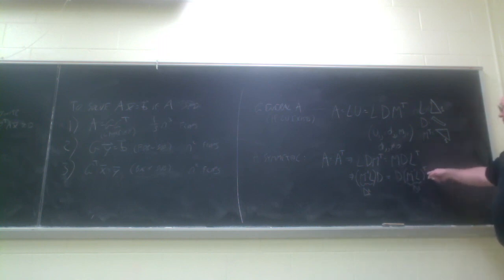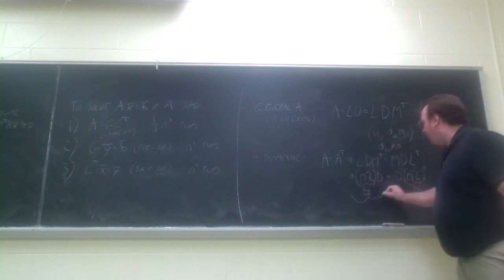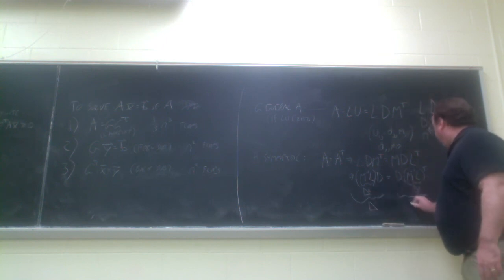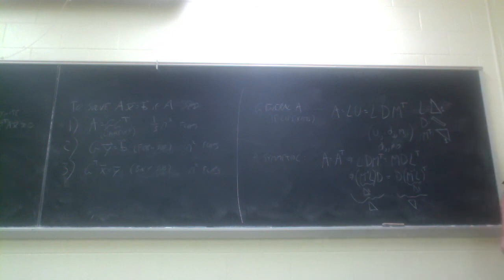But now I'm transposing this, so this whole side is lower triangular and this whole side is upper triangular. So what's true of both sides? It's gotta be diagonal. If both sides are diagonal, but D is already known to be diagonal.